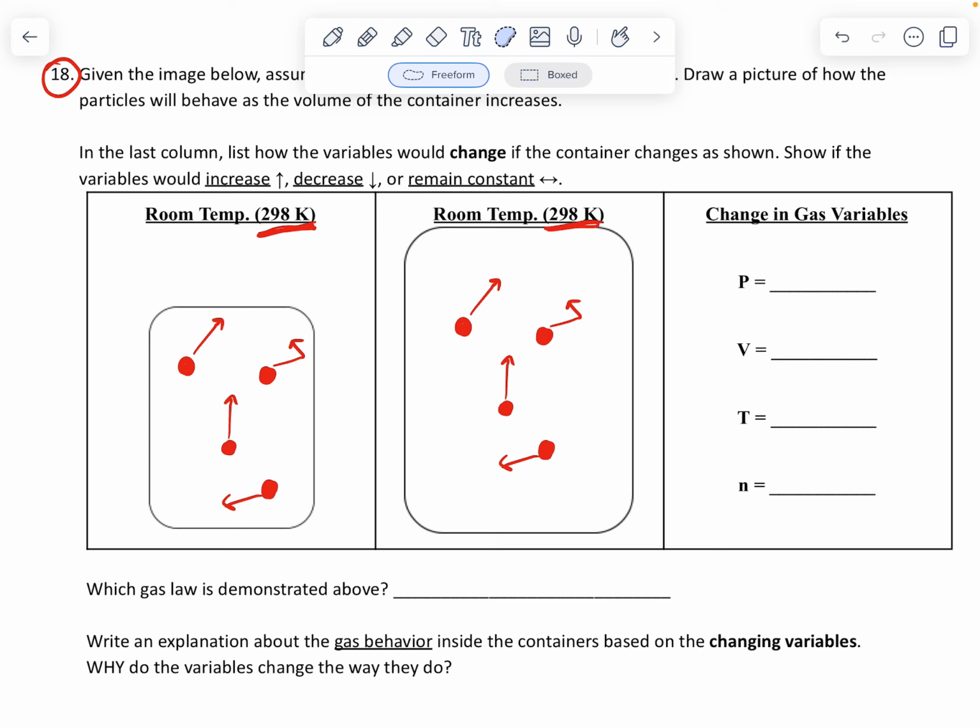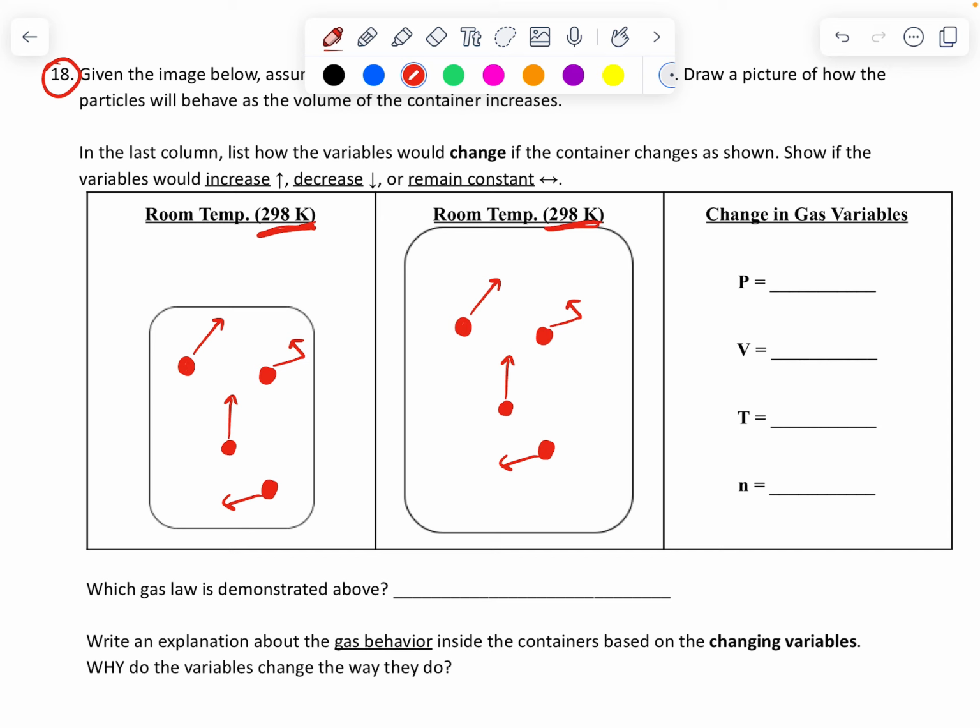Change in gas variables. Pressure. What happened to the pressure, guys? Before, when the container was a lot smaller, these gases had a pretty easy time finding the walls, which means the frequency of the collisions, the gas hitting the walls, was pretty high. Versus on the right side, we have a really, really big container.